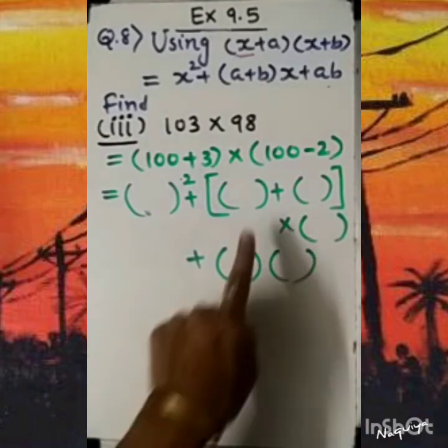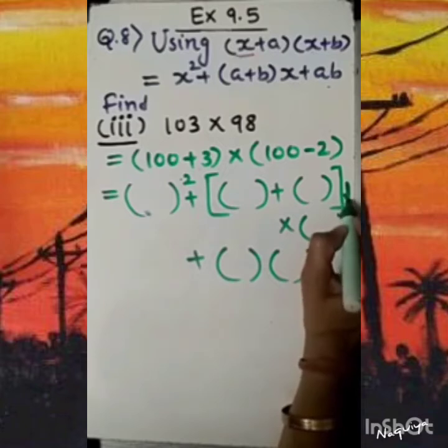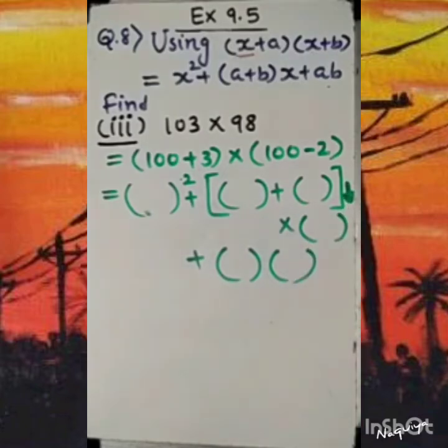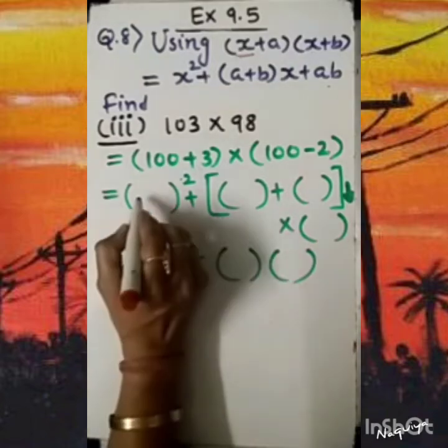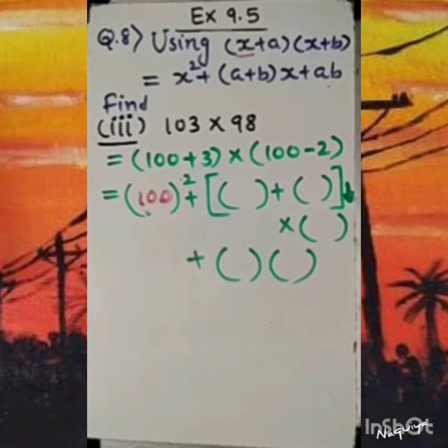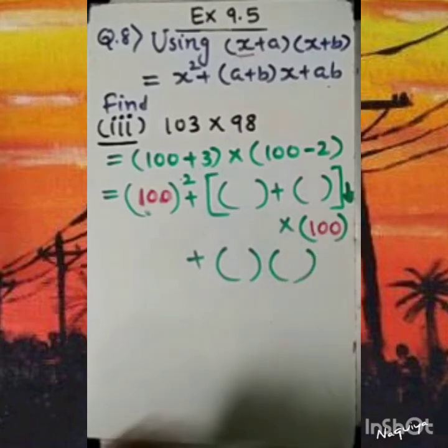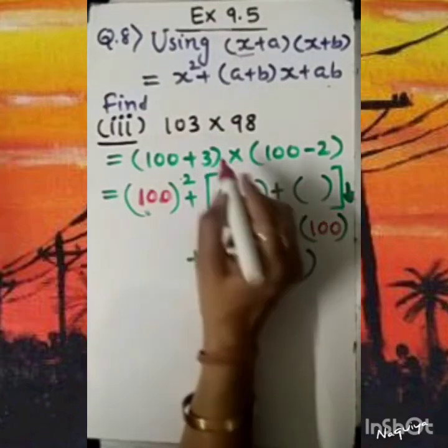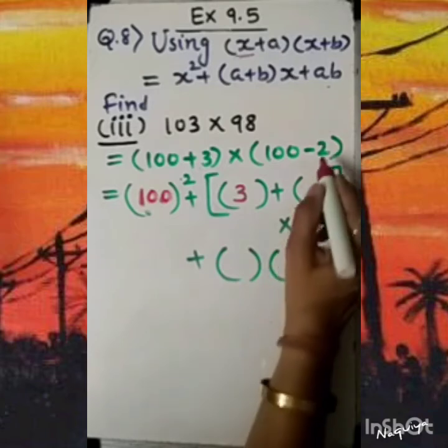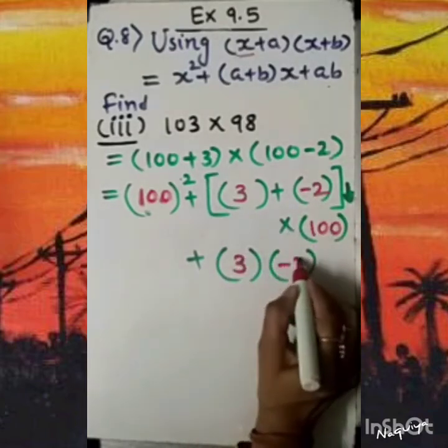In place of this we need to mention it on this side. So what we have to write according to that, x is 100, agree? So I need to write it here 100. Okay, so I am mentioning this is 100, and one more x is there, that is also 100 here. Fine. What is a? a is 3. What is b? That is minus 2. Here a is 3, b is minus 2.